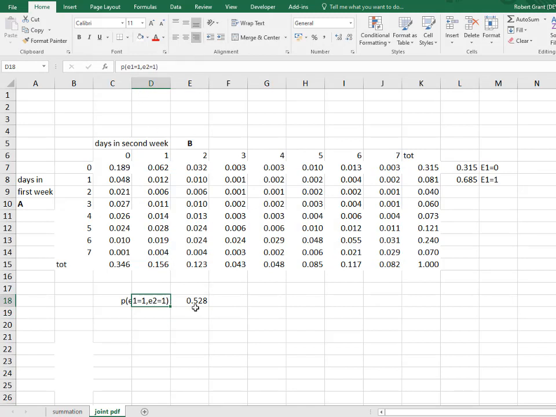So that's that, and then to find the conditional probability we want, we have to divide by the probability of E1, which is just this one. And that gives us the probability that E2 equals 1, given that E1 equals 1.